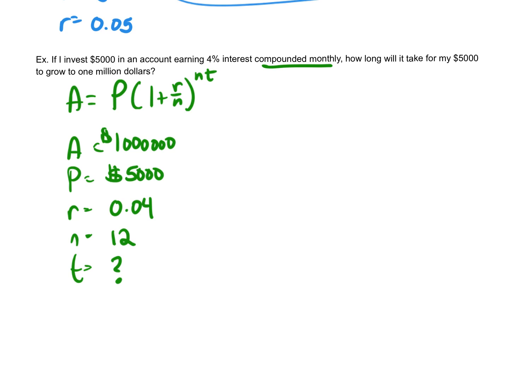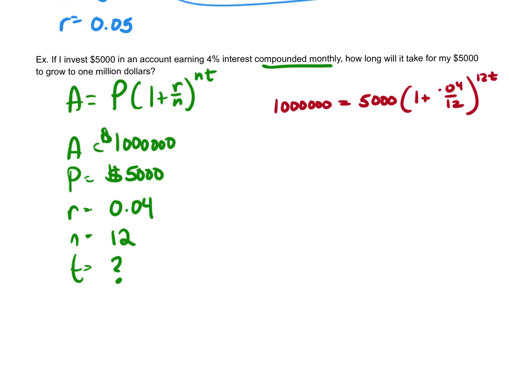So I can tell you right away it's going to take a while because we're going from 5,000 to 1 million at 4% interest. So A is 1 million equals 5,000, which is my principal, times (1 + 0.04/12)^(12t). I'm just plugging the variables into the formula.